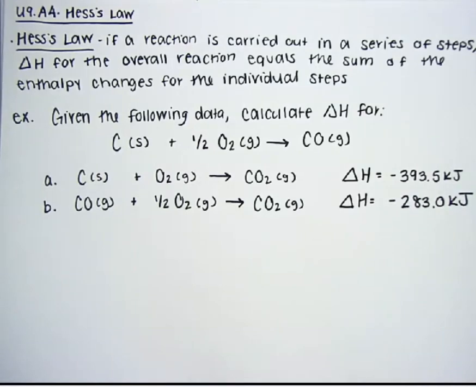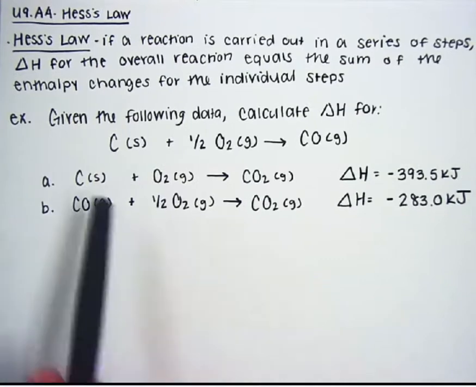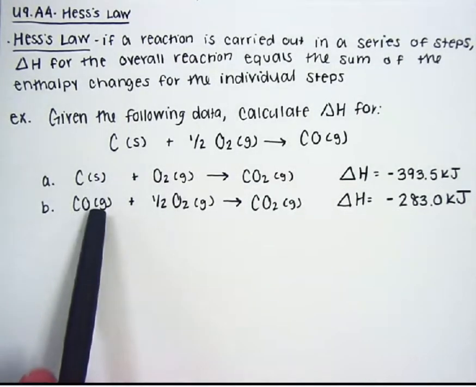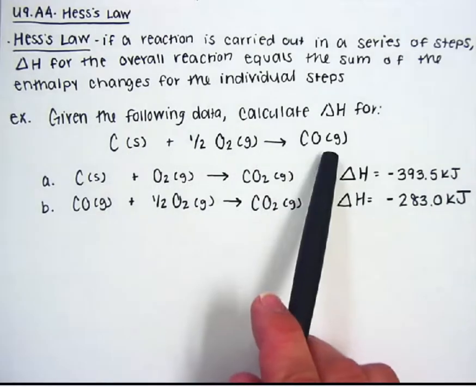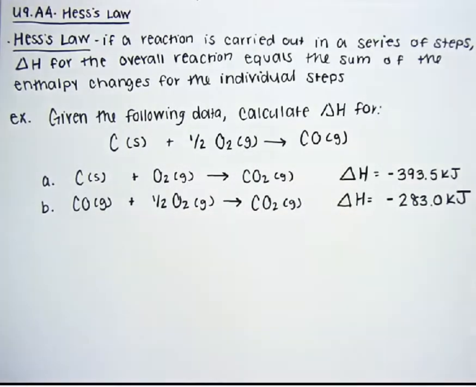All right, so what we want to be able to do is add these two reactions together and get our master equation. So it's kind of like a puzzle, and you just kind of have to think about it, try a few things, and see what happens.